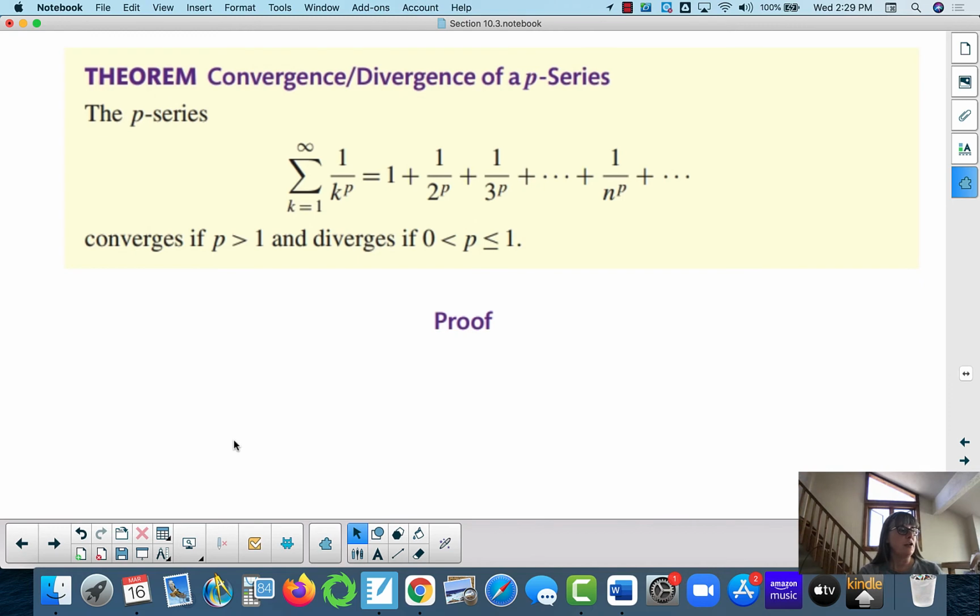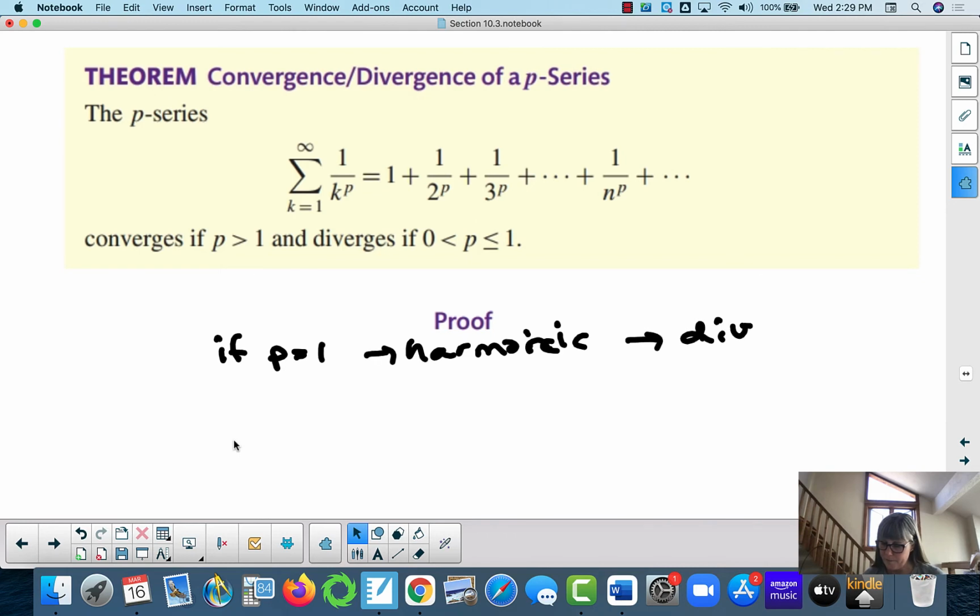However, we can use the integral test to show that. So let's start with p equals 1. If p equals 1, that's a harmonic series, and we already know that a harmonic series diverges. So that's this part right here for diverging.